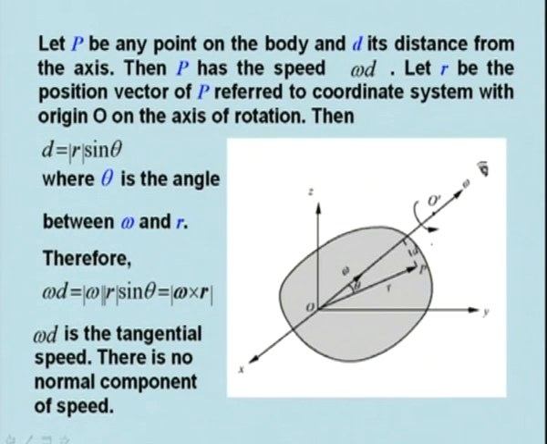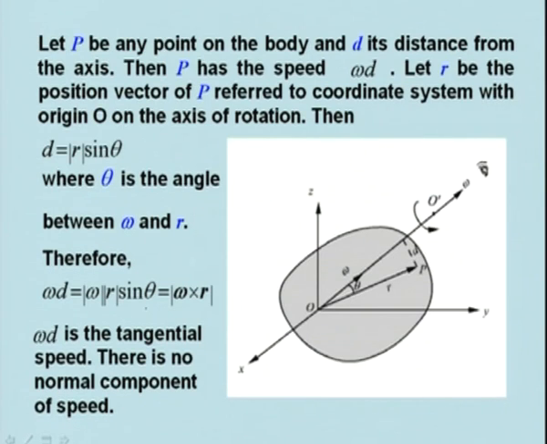Therefore, omega d will be omega times r sin theta, which is equal to the magnitude of omega cross r, because the cross product of the two vectors omega and r has magnitude omega r sin theta.